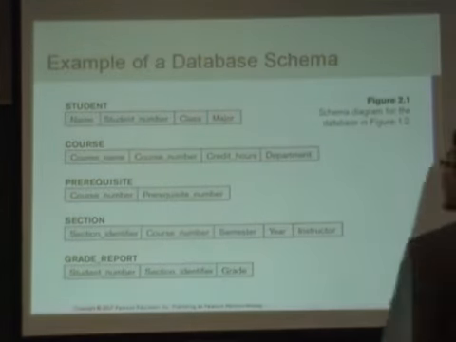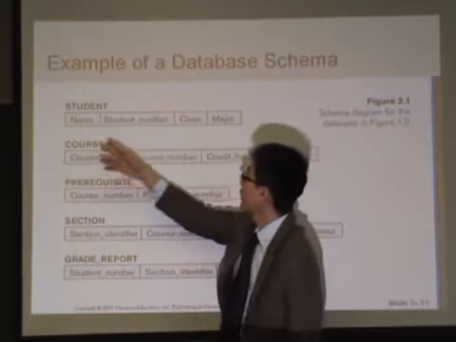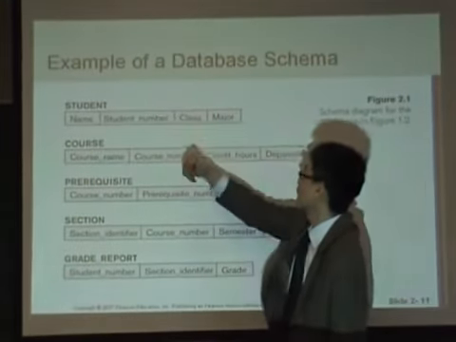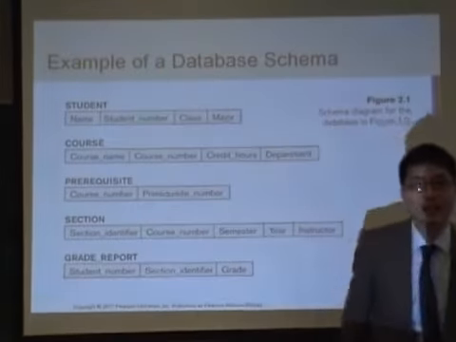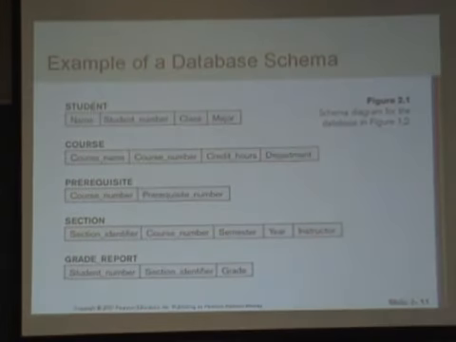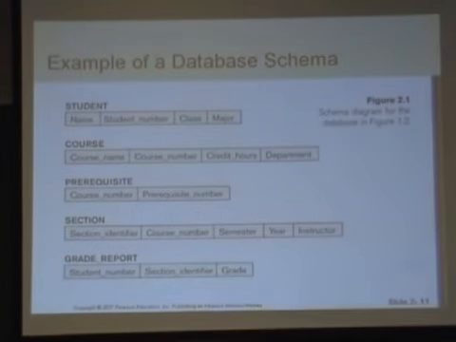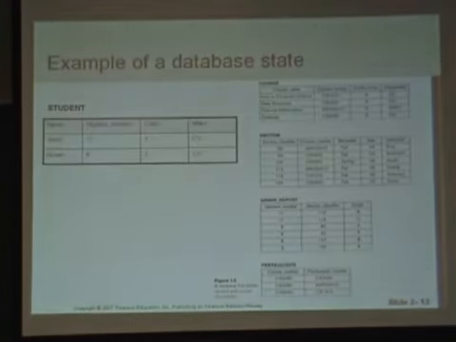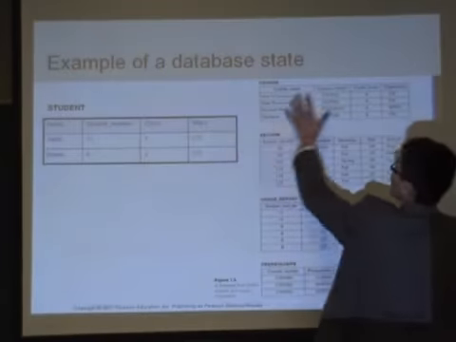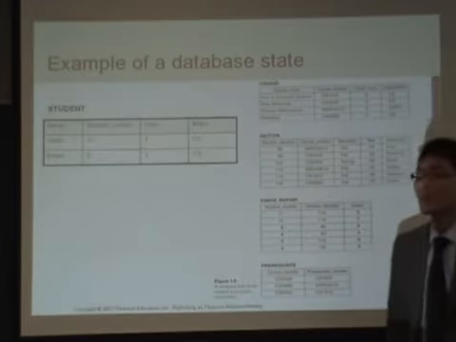If you have the sample data for each, like the student Lee 111, class DPS 450, and major CS, those are called instances. Without the sample data, the database would not exist, right? So we need such data, for example, this is called an instance.